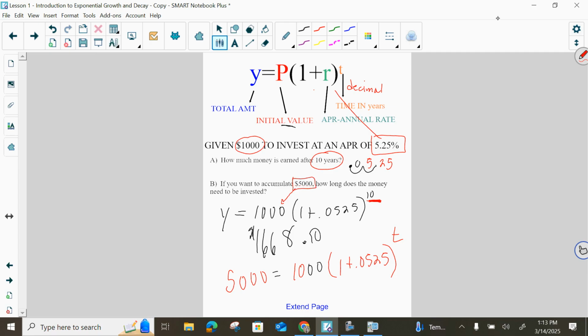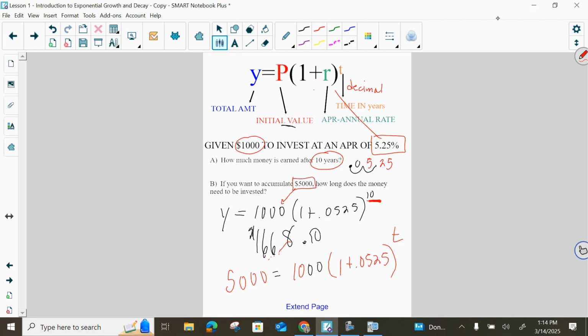So you would think, okay, maybe it's 50 years. But if I take 5 and multiply it by 1668, that's way too much for 50 years. So if we think 1668, take 5,000 and divide by 1668. This is an educated guess.